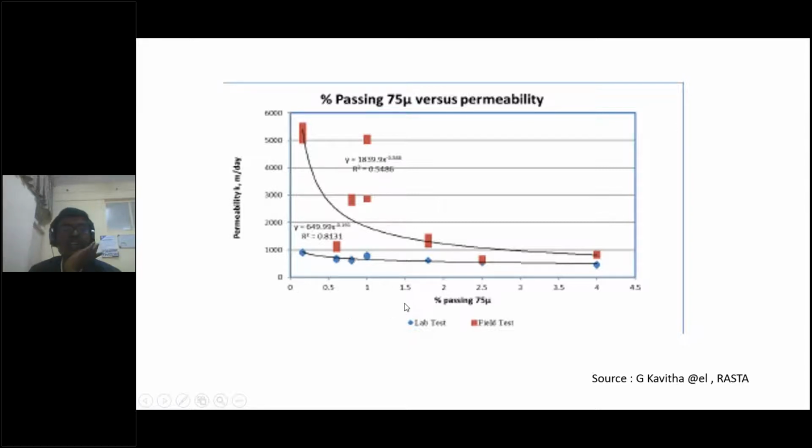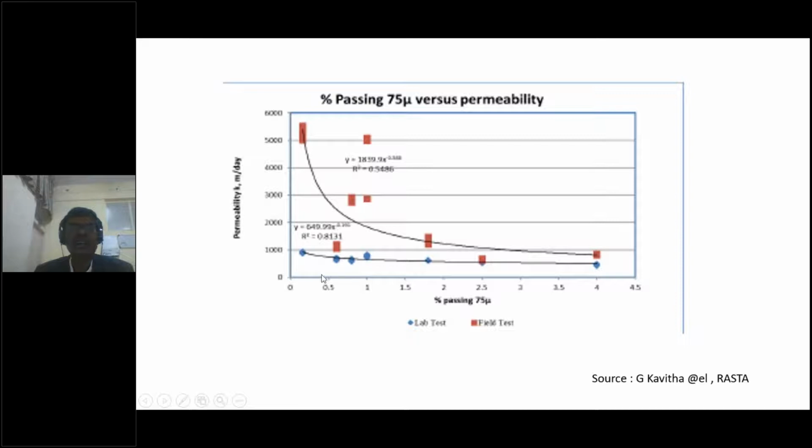That is the influence of the finer content, the 75 micron content in the GSB mix. Suppose the finer content is increased to 4%, which many times does happen in the majority of constructions.